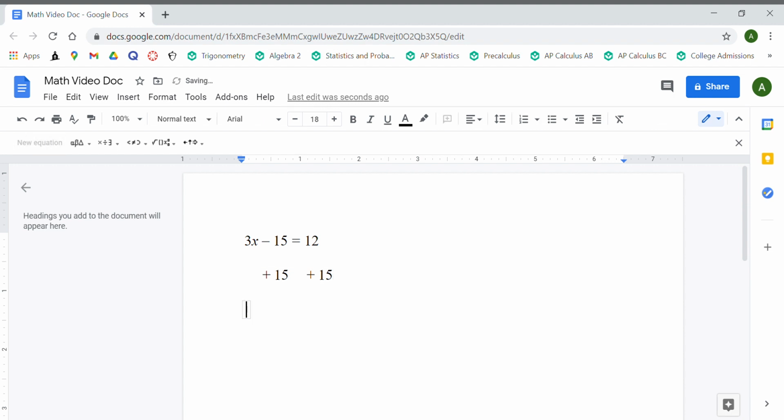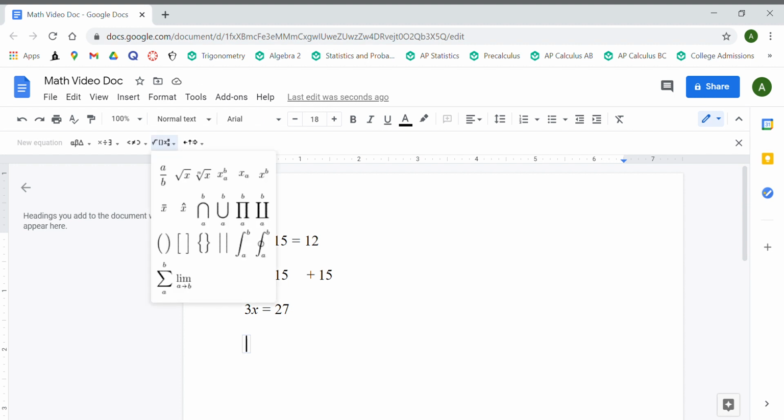And in doing so, we get 3x equals 12 plus 15 equals 27. Now we've got just multiplication to worry about. So how do we cancel that multiplication? Its inverse operation, division.